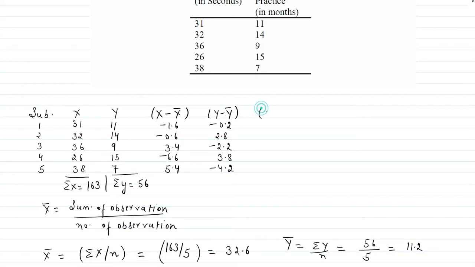Now we have to find (x minus x bar) whole squared and (y minus y bar) whole squared. Why we are doing this, I will tell you later in this video.